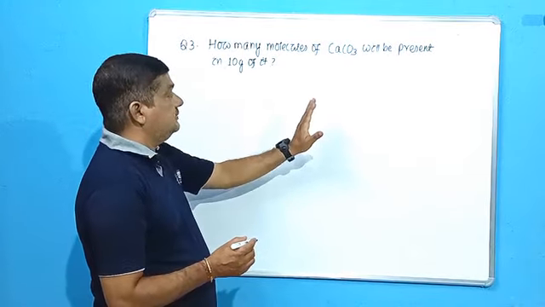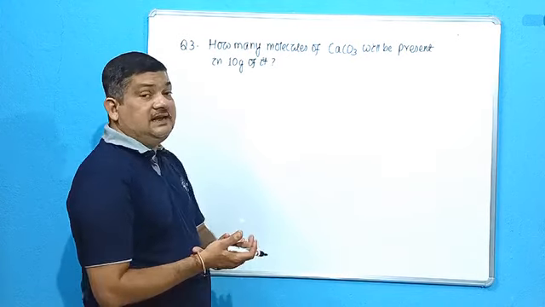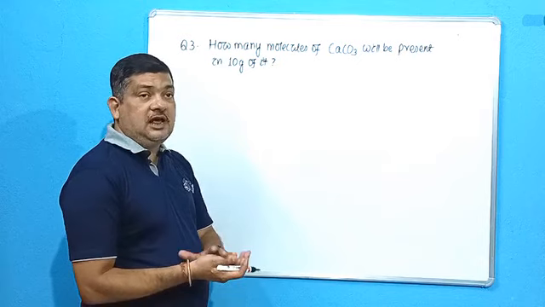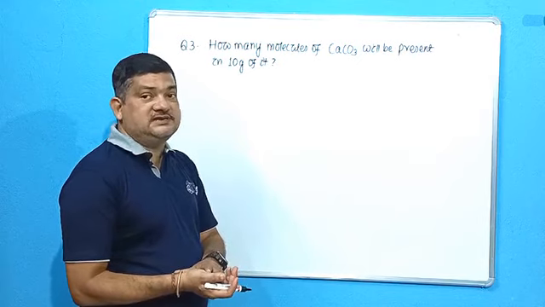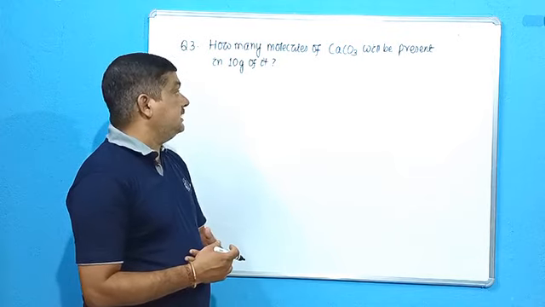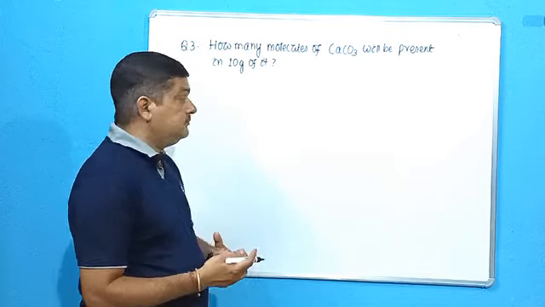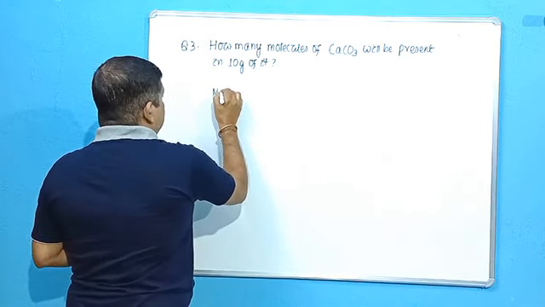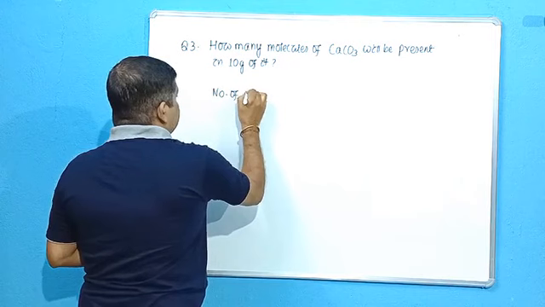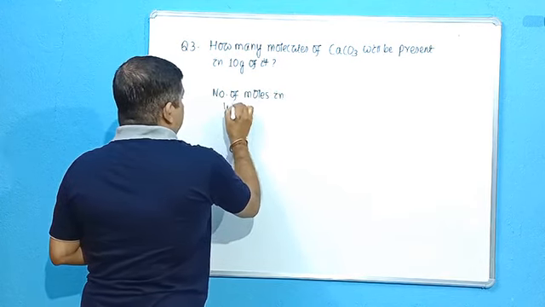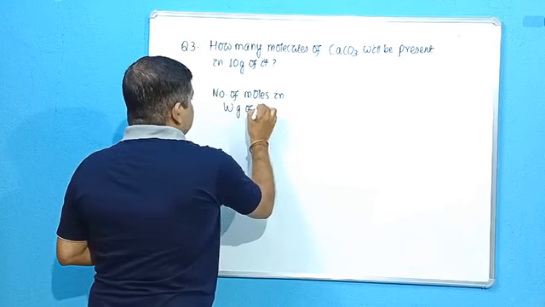How many molecules of calcium carbonate will be present in 10 gram of it? That means if you take 10 gram of calcium carbonate, how many molecules of calcium carbonate will be present there? I have already given you the formula to find the number of moles in W gram of substance.